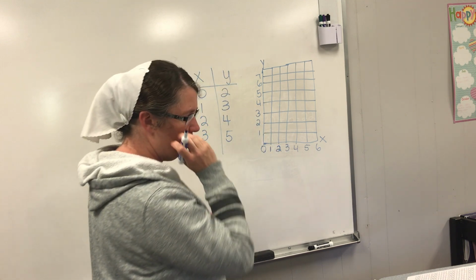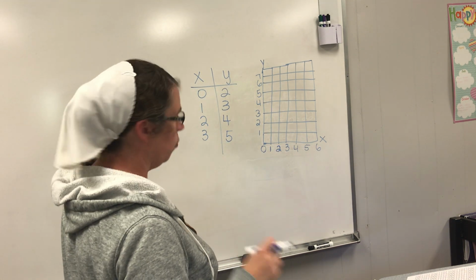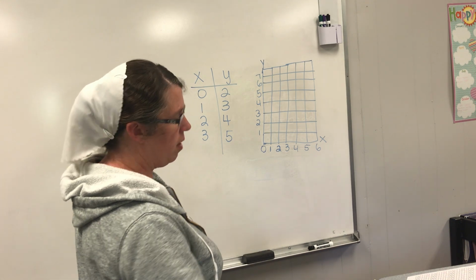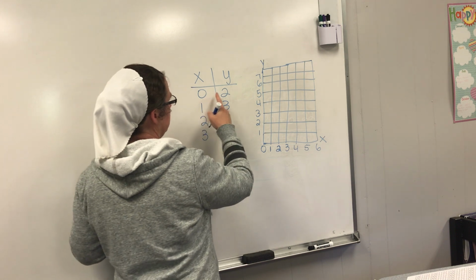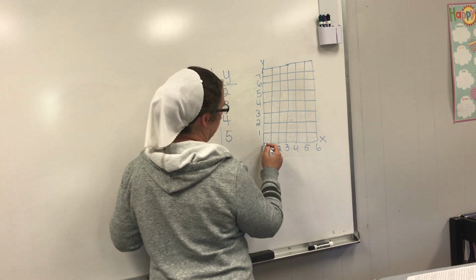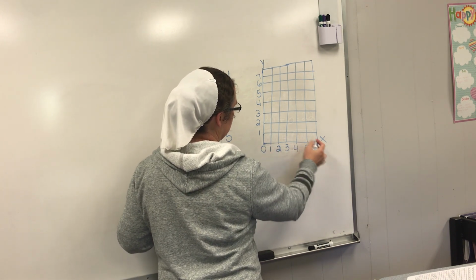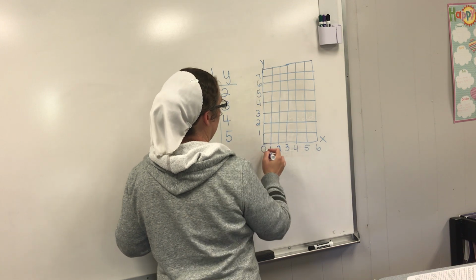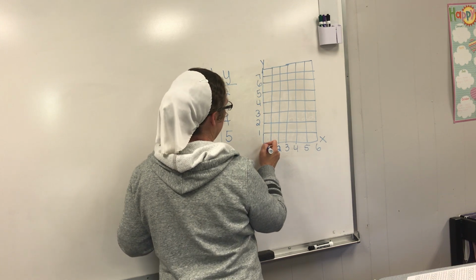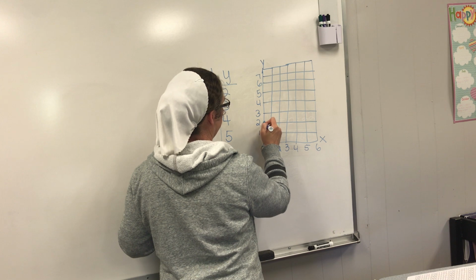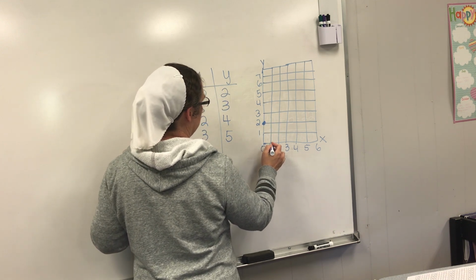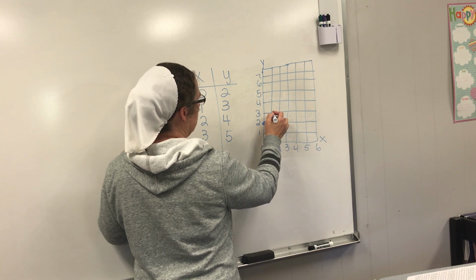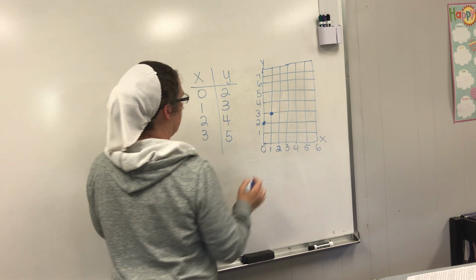So what they want you to do then, they'll want you to graph it using these table of values. So our x is 0 and our y is 2. Remember, this bottom here is the x line, this side is the y line. If our x is 0 and our y is 2, we're going to put a dot here. Our x is 1, our y is 3, we're going to put a dot.